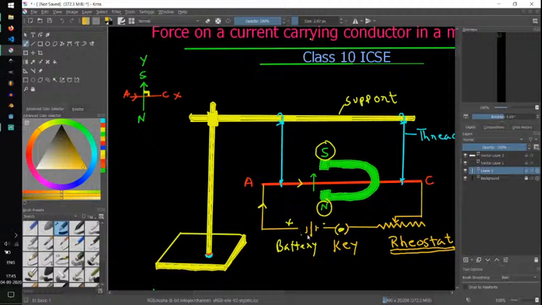Now I have the negative this side and the positive this side, which means the direction of current will reverse. I change it. Now the current is reversed. Let me put it together. Okay, done.